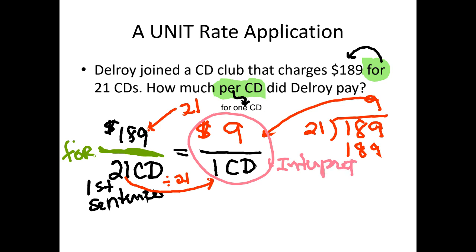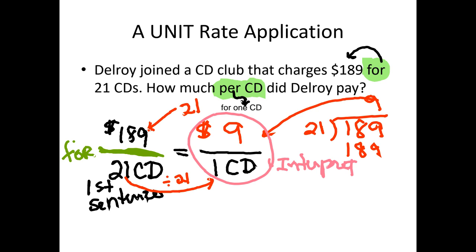Okay, you've got several possibilities here. $9 per CD, or one CD costs $9. Now notice I can read this from top to bottom, because if $9 is the price of one CD, then I can also say it backwards.